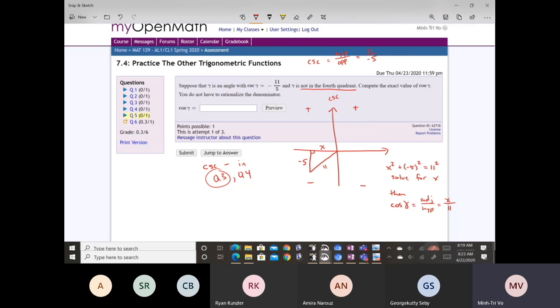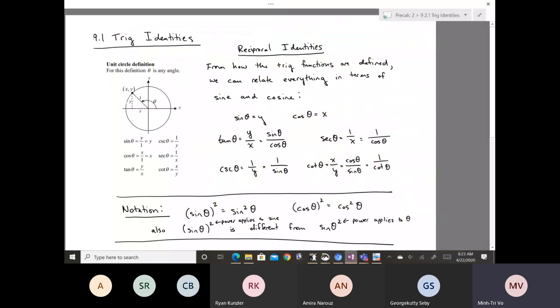Okay, so let's continue on to chapter 9. In chapter 9, we're going to be focusing on the trigonometric identities.